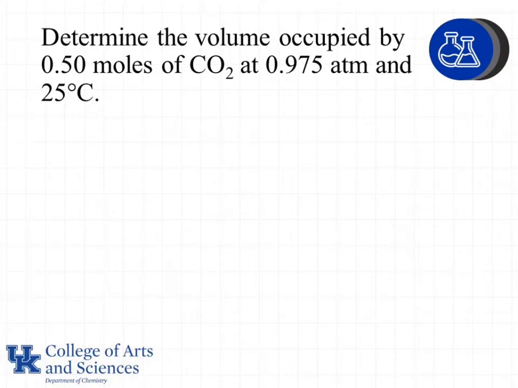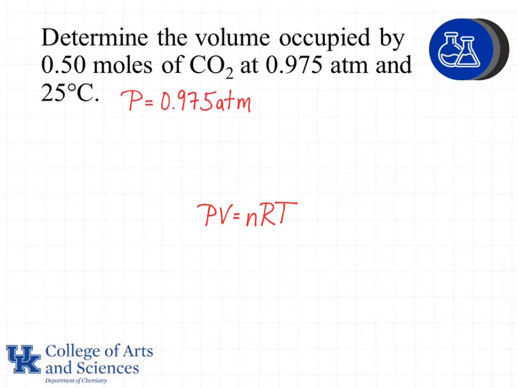Let's look at an example of how we would use the ideal gas law. Determine the volume occupied by 0.50 moles of CO2 at 0.975 atmospheres and 25 degrees Celsius. When we look at our equation, PV equals nRT, we can see the variables that we need to have. We need to have all but one of them so that we can solve for our unknown. So pressure is given in the problem as 0.975 atmospheres.